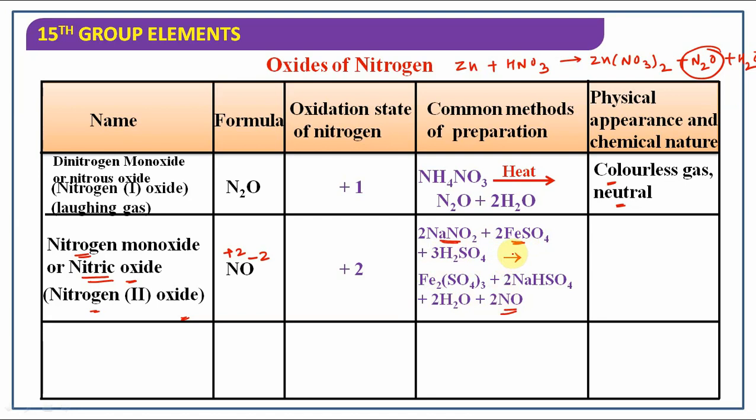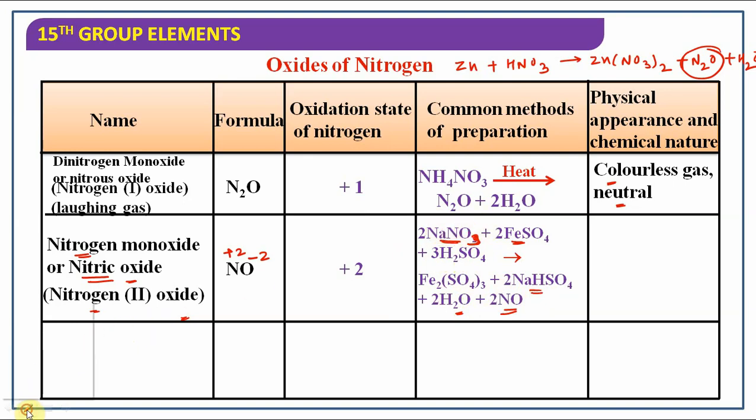So here, NaNO3 treated with FeSO4 gives you Fe2(SO4)3 plus 2 NaHSO4 plus 2 H2O plus 2 NO. It is one preparation method. Okay, it's not sodium nitrite, it is sodium nitrate, NaNO3. Sorry. This is a reaction you can observe in the brown ring test, children, right?